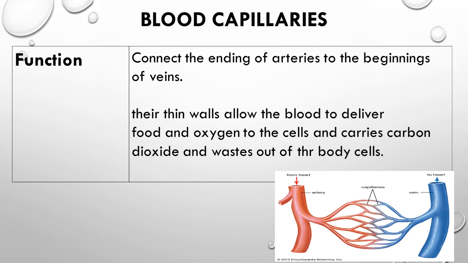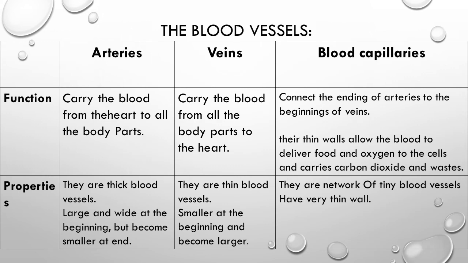Their function is to connect the ends of arteries and the beginning of veins. Their thin walls allow blood to deliver digested food and oxygen to the body cells and carry carbon dioxide and wastes out of the body cells.